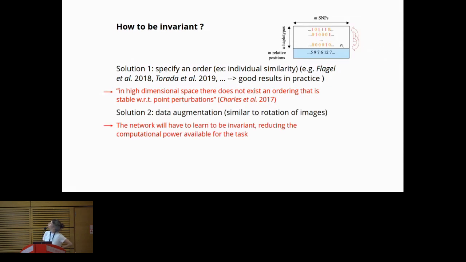Then, of course, you could just shuffle, so do what we call data augmentation, like people rotate images. In this case, it would be shuffling lines and letting the network learn that, in fact, the line order does not matter. But what's a bit sad about that is you will use computational power to learn something that you know very well.